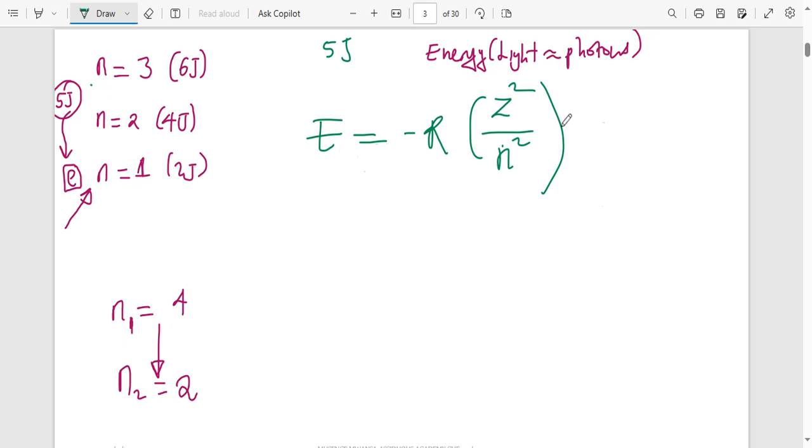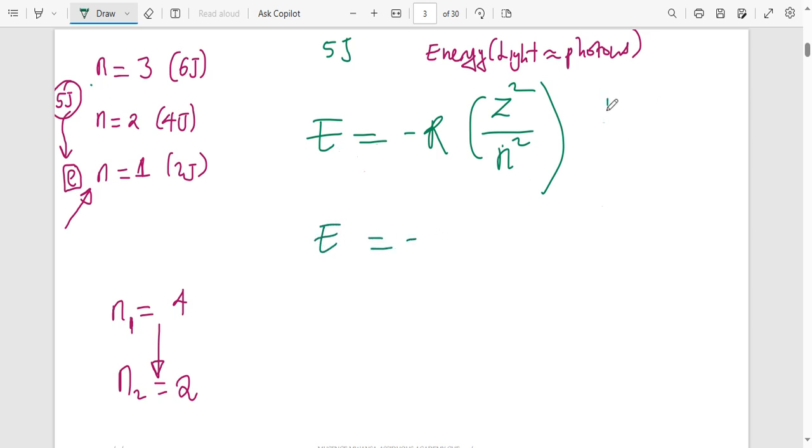Now, because on this topic we only deal with atoms which have got one electron, like helium and hydrogen, where there is Z we always use a 1 there. So the equation changes to become negative R.